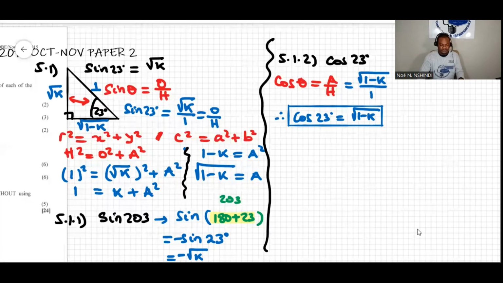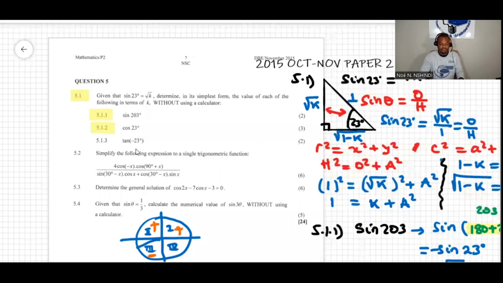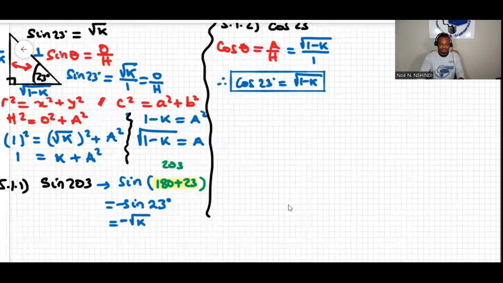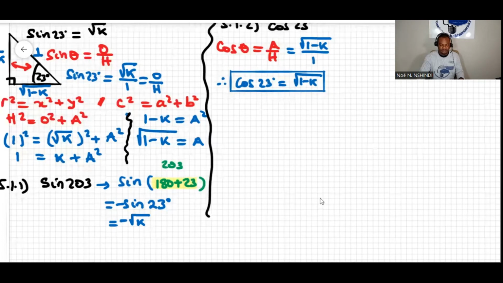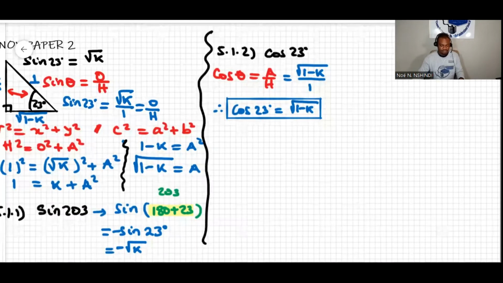Now there's another question, 5.1.3: we want tan of negative 23 degrees. We can reduce it using the formula first.